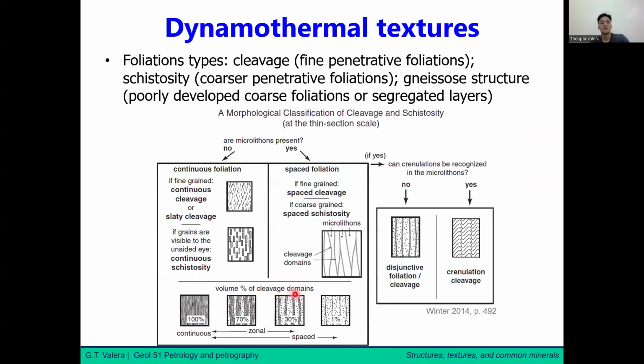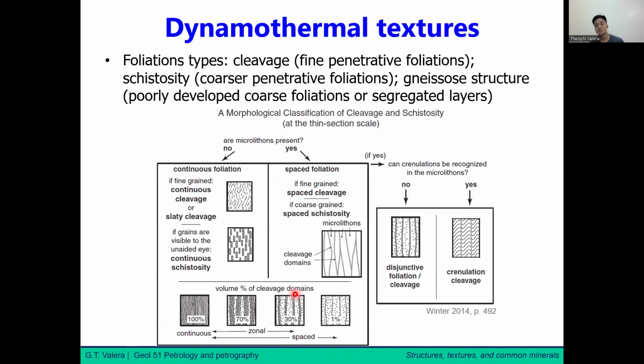Okay, so foliation. We've discussed before that there are different foliation types. It can be either cleavage, schistosity, or gneissosity. A cleavage is basically a fine penetrative foliation. So wala pa siyang growth. Usually this does not involve growth of new minerals. Schistosity, that is the one that involves growth of new minerals. And then gneissosity is basically you have segregation into layers.